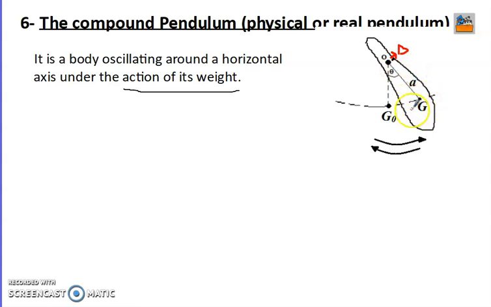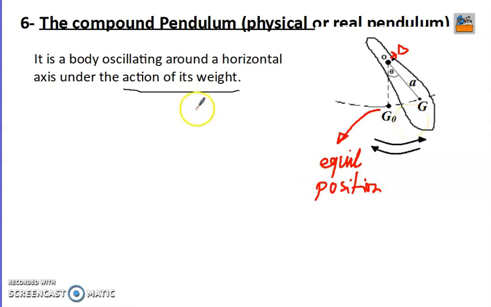And G is the center of mass of this body, this rigid system. A is the distance from the axis delta to the center of mass. G0 is the equilibrium position. So as I said in chapter 1, this is the equilibrium position of the center of mass.